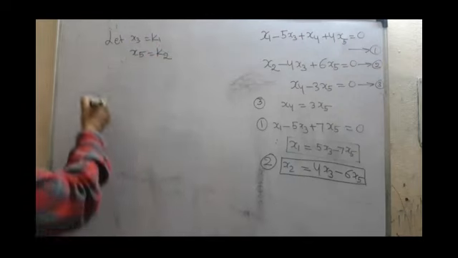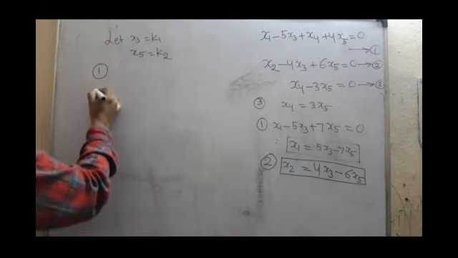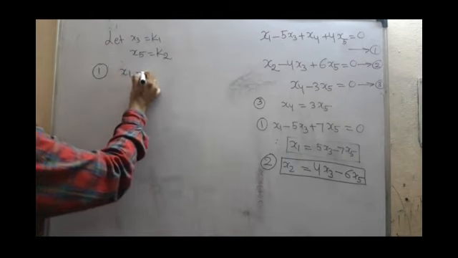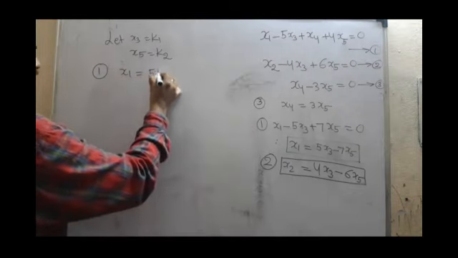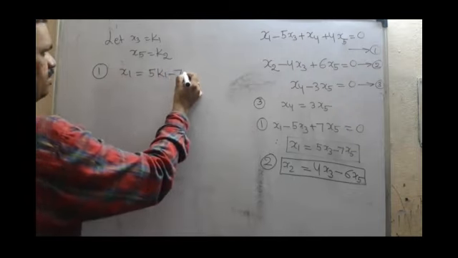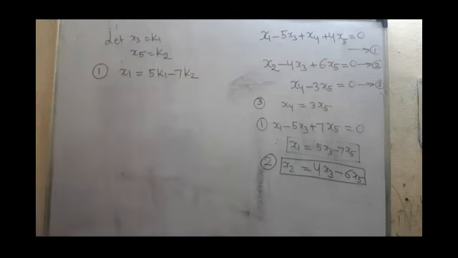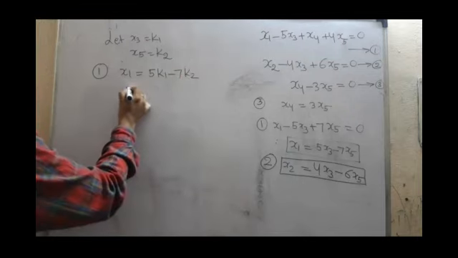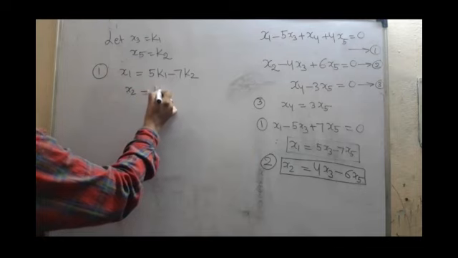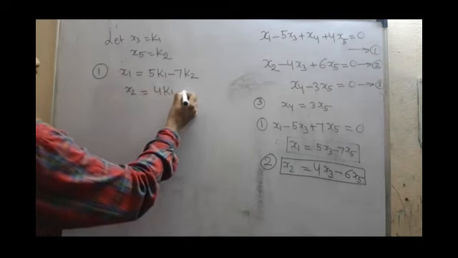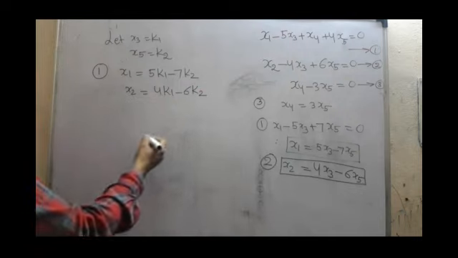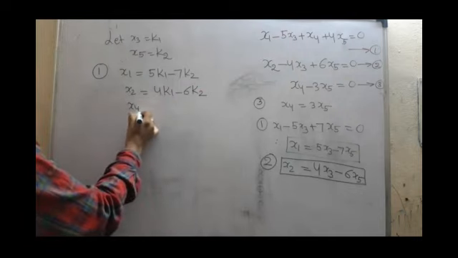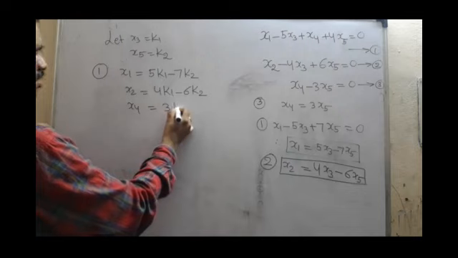Now x1 is equal to 5k1 minus 7k2. x2 is equal to 4k1 minus 6k2. x4 equal to 3k2.